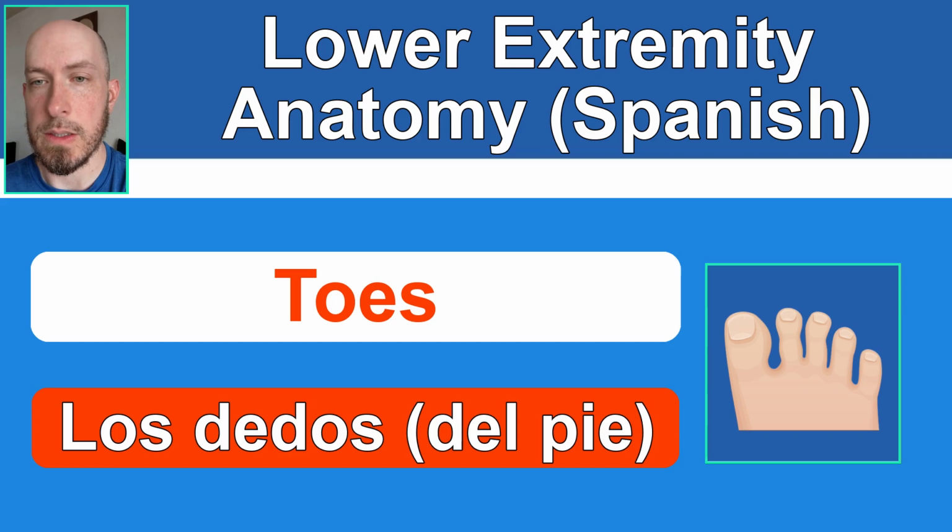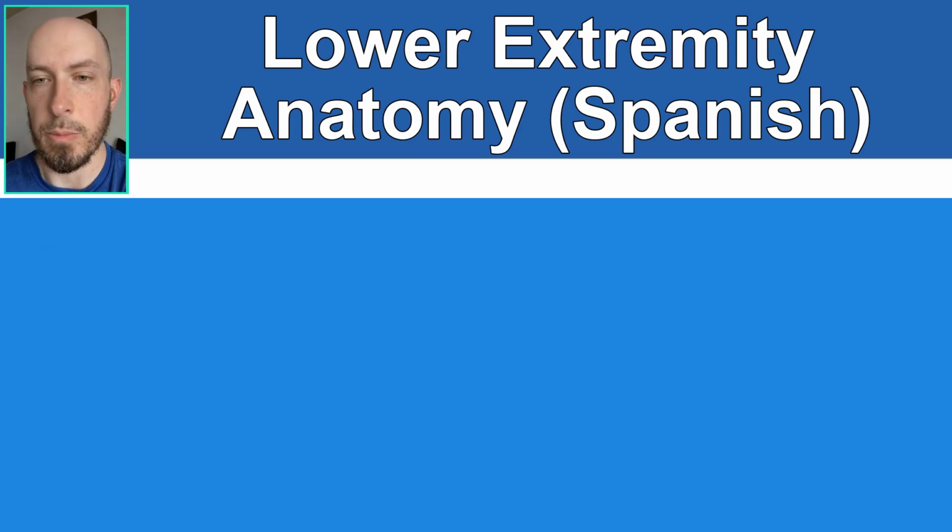Los dedos. Los dedos. Quick pronunciation tip: don't say dedos with a hard D, because then you sound like a gringo. But you say dedos, dedos, and it's a little softer, more like a TH, especially in the middle of the word.